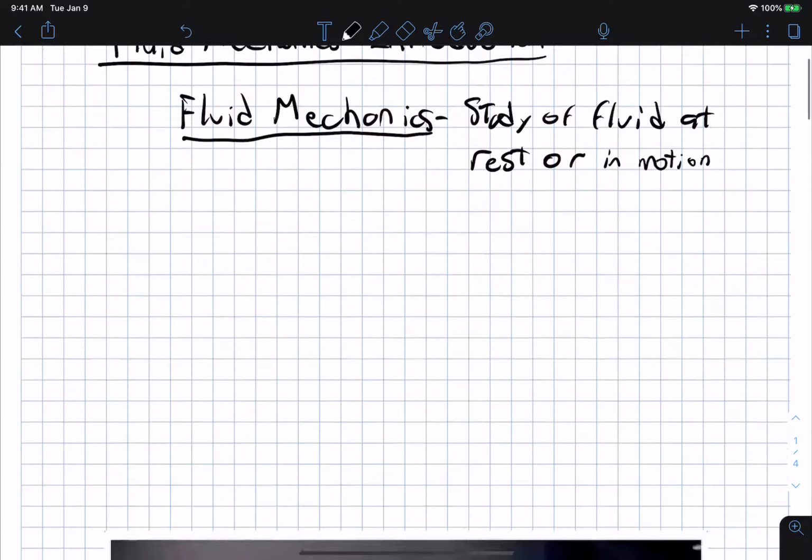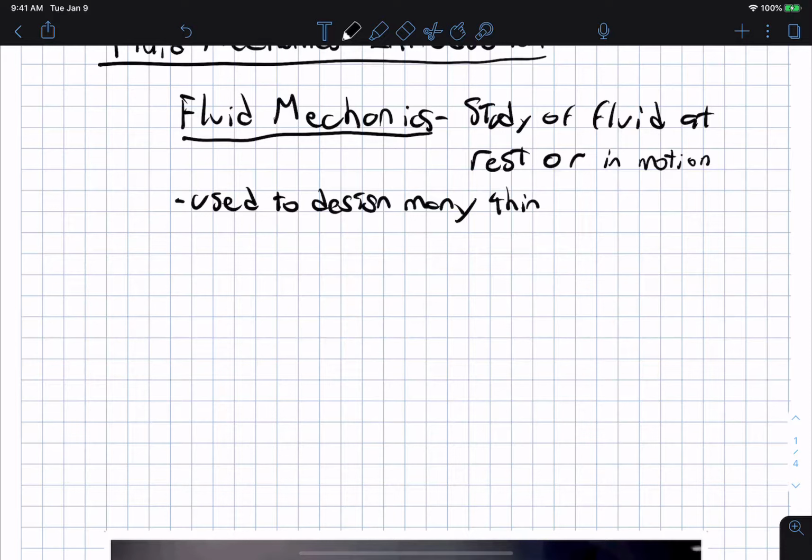Well, fluid mechanics is used to design many things. For example, it could be airplanes. Some of you are aerospace engineers, so that's a very typical thing.